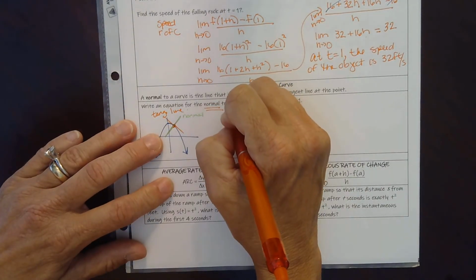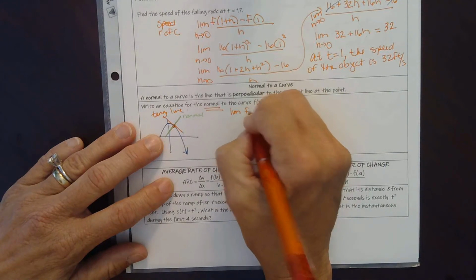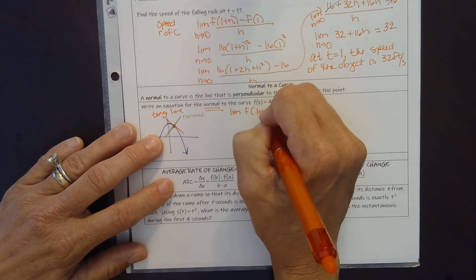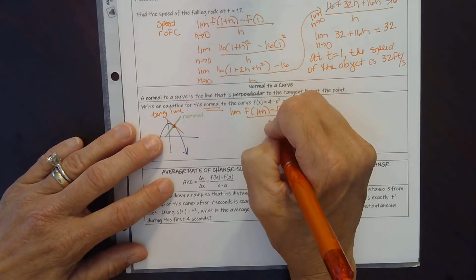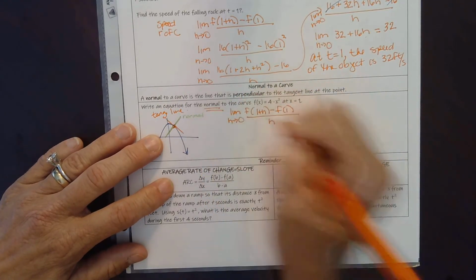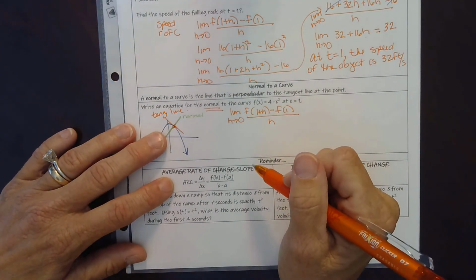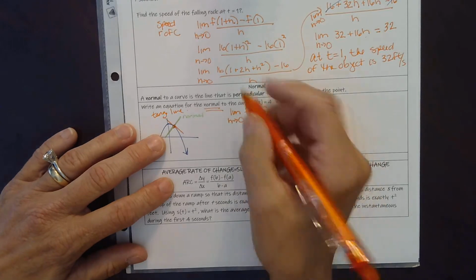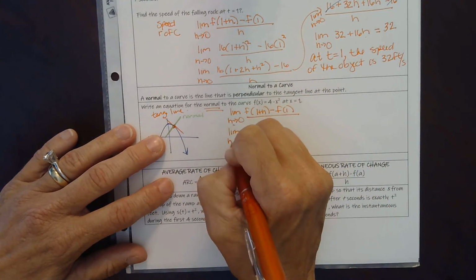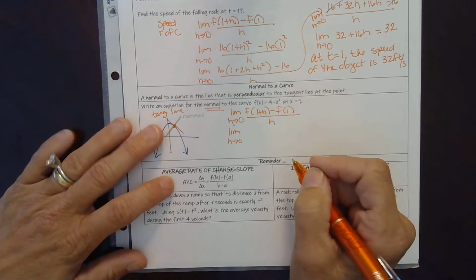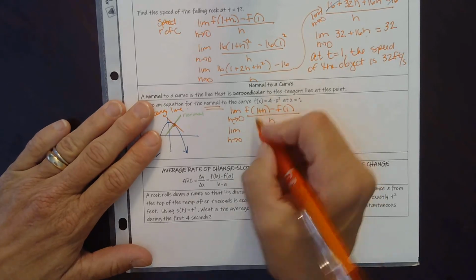Well, we're going to use the limit of the function evaluated at 1 plus h minus f of 1, divided by h as h approaches 0, substituting 1 plus h into the function. Now it's going to get a little bit messier, but that's okay.